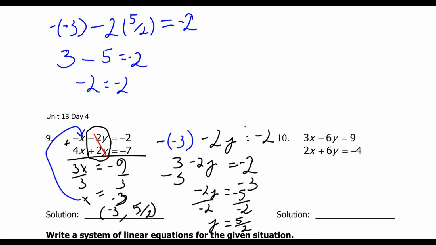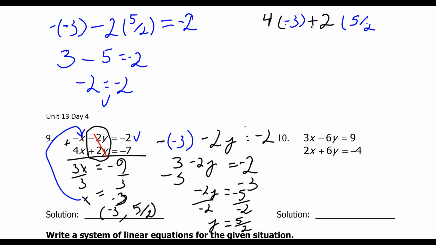Whenever we do this, we're going to do 4 times negative 3 plus 2 times 5 halves, and that should equal negative 7. Keyword is should. Alright, so let's see if it actually does.